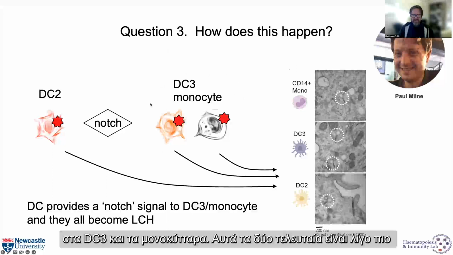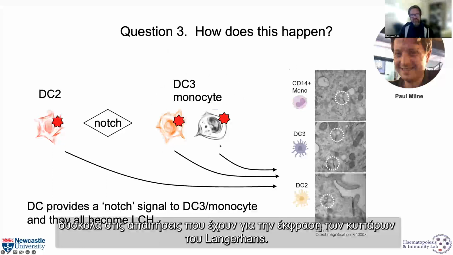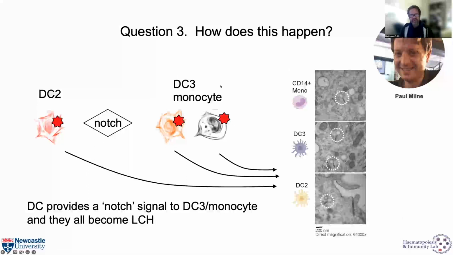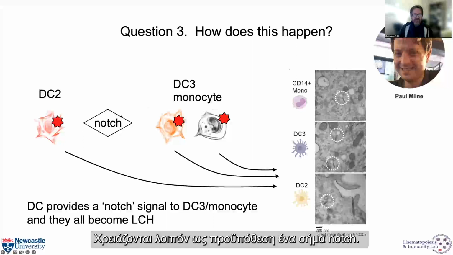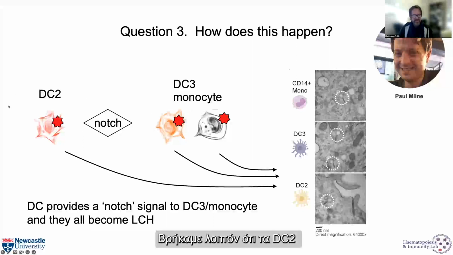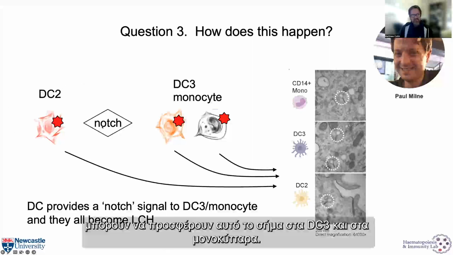And these cells are a little bit more fussy in their requirements for the expression of Langerin and forming Langerhans cell-like cells, and they require a Notch signal. And what we found is that the DC2s can provide this Notch signal to the DC3s and the monocytes.